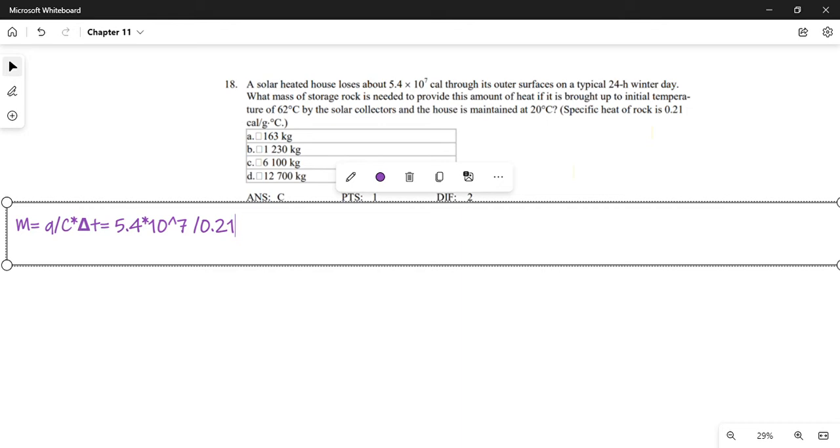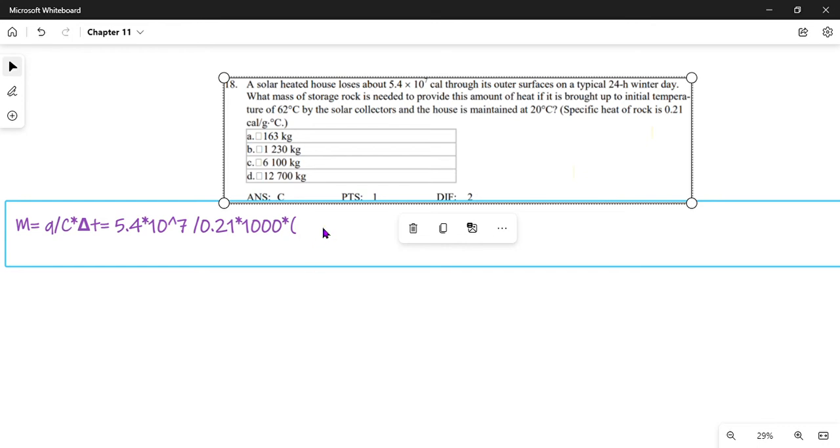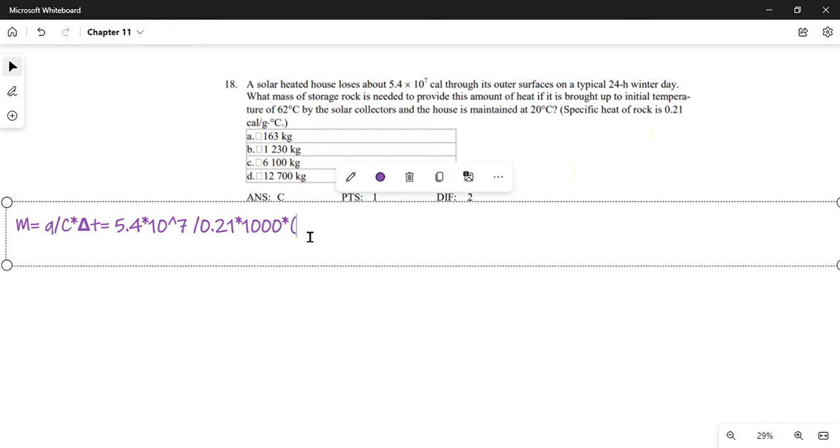But the unit which he gave us in the question is calorie per gram degree Celsius. We want it to be calorie per kilogram degree Celsius, so we will multiply it by 1000 times the change in temperature, 62 times 20.